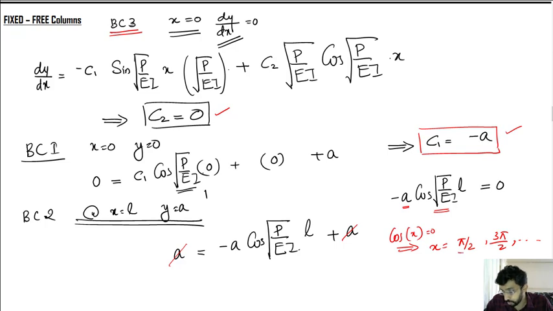If we use the first term pi by 2 here, we can say that root of p by ei into L equal to pi by 2.